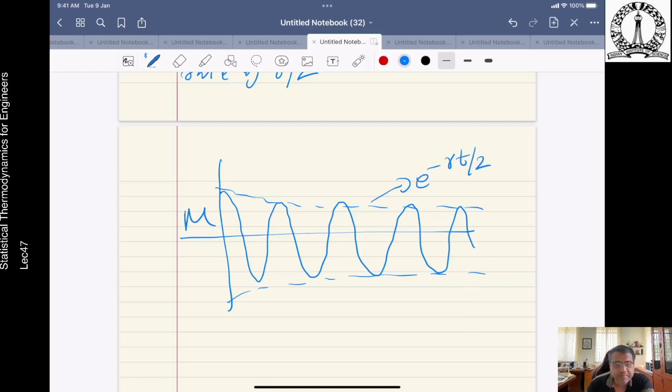This is mu, and this is time. This is how the dipole moment actually comes down. In the next class, we will see what the different line shapes are that are possible, like the Lorentzian and the Gaussian that we already mentioned, and how they depend on this dipole moment, or transition dipole moment. Thank you.